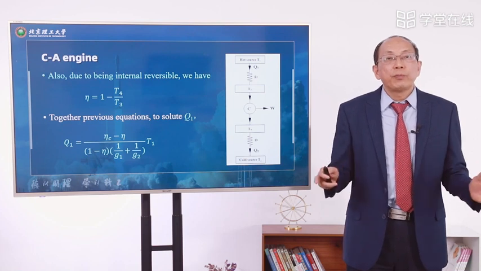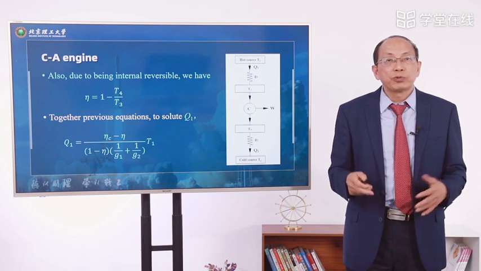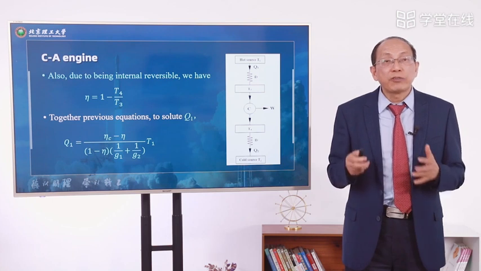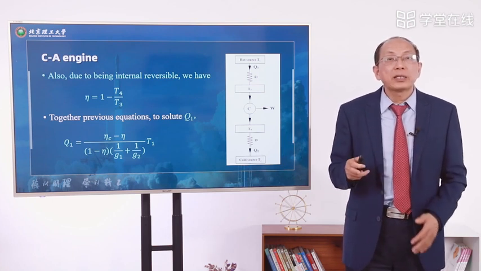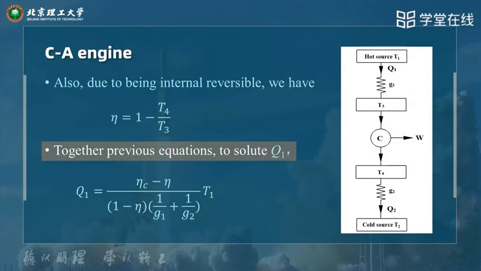Also, because the internal engine is still reversible, we can calculate the efficiency of the engine as 1 minus T4 over T3. Together with the previous equations, we can obtain Q1.